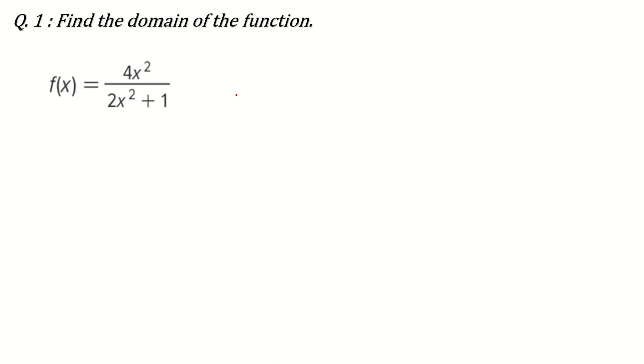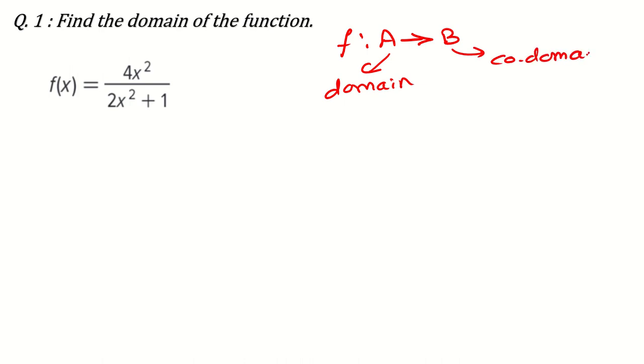Before discussing this question, I will try to explain how you will find the domain and what the domain basically is. If f is any function defined from A to B, where A and B are non-empty sets, then A is called the domain and B is called the codomain. The range will be a subset of the codomain, meaning the range is a part of the codomain.